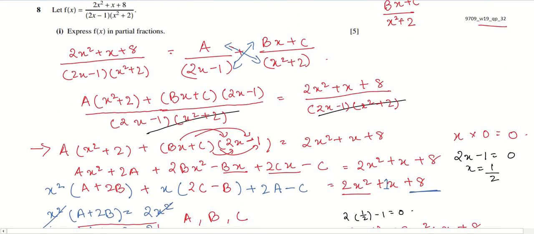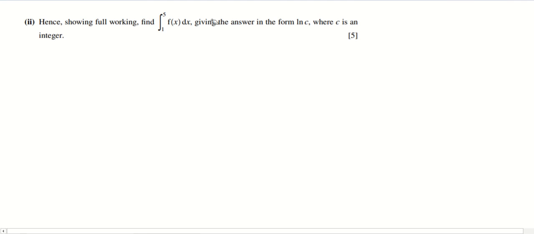Now we have f of x, which we found is equal to 4 over 2x minus 1 minus x divided by x squared plus 2. We're asked to integrate that.